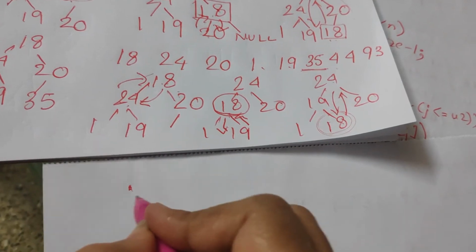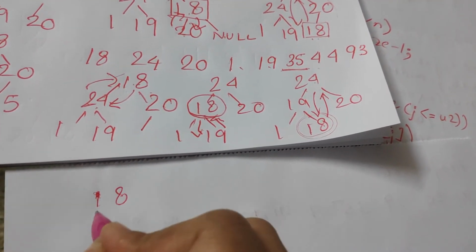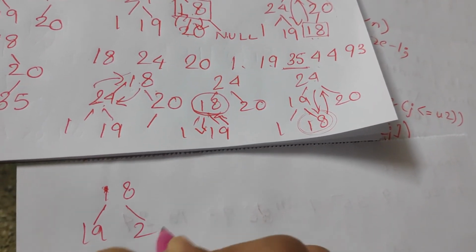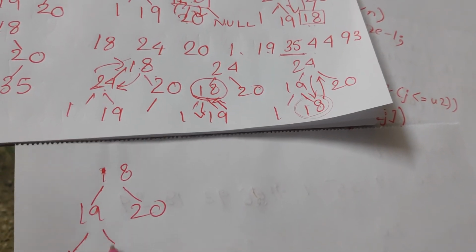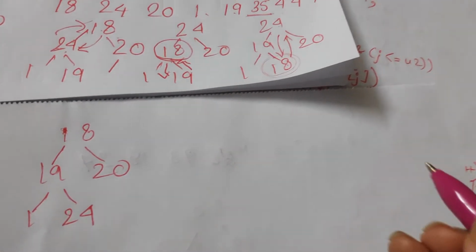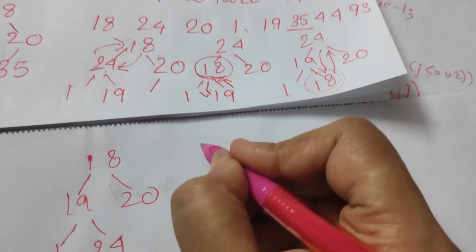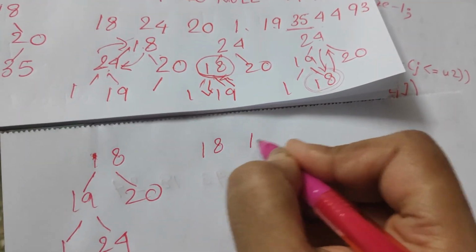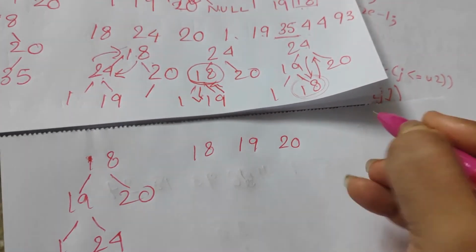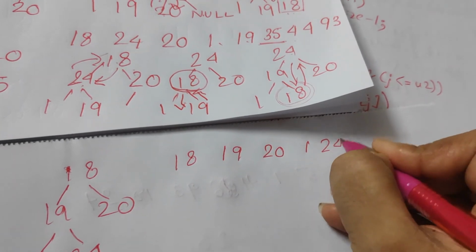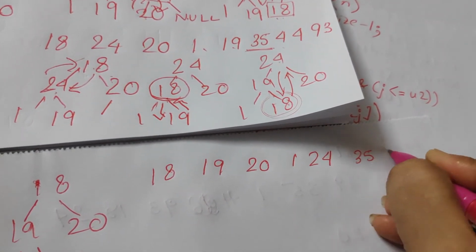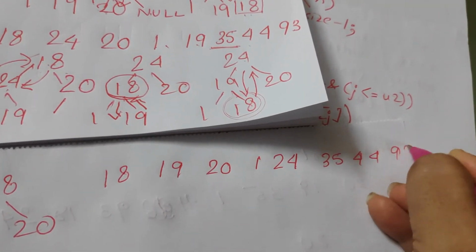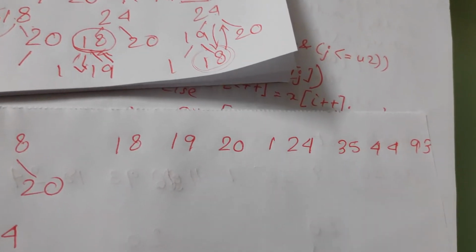So the tree would become 18, 19, 20, 1 and 24. And the array will become then 18, 19, 20, 1, 24, 35, 44, 93 has got their position, right?